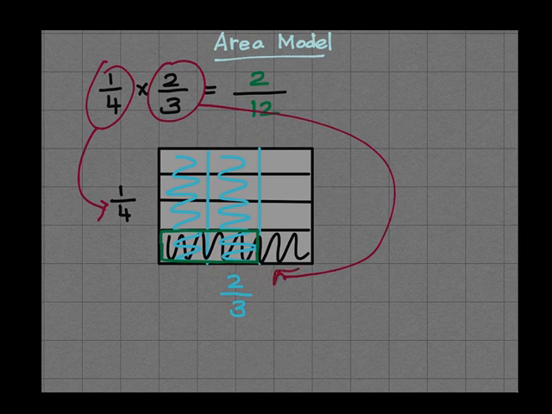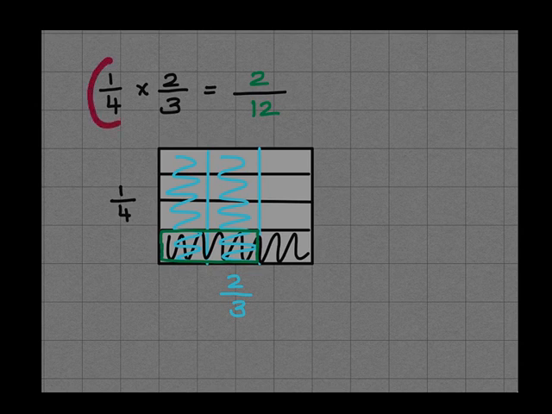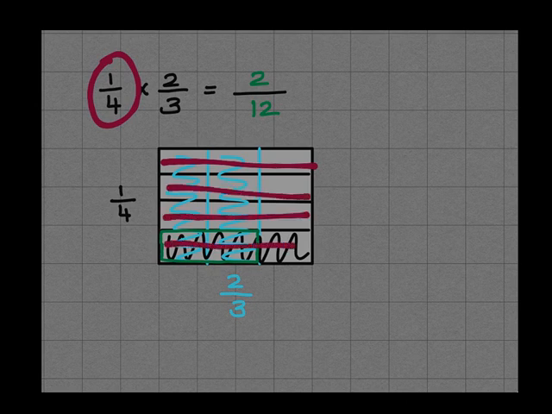Okay? 1/4. I will show you how to draw 1/4. So there are 4 rows, 1 row, 2 rows, 3 rows, and 4 rows, right?